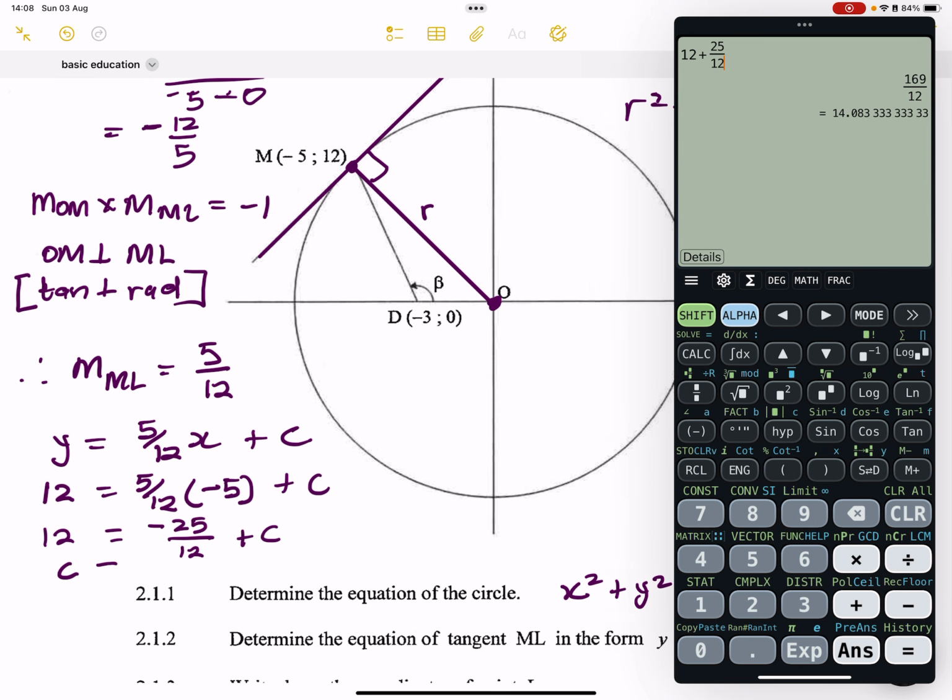I got a value for c equal to 169 over 12.